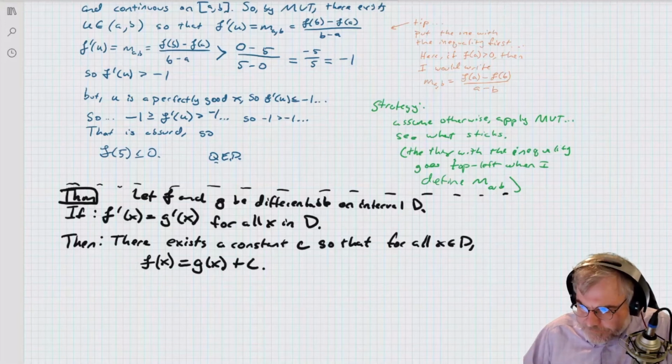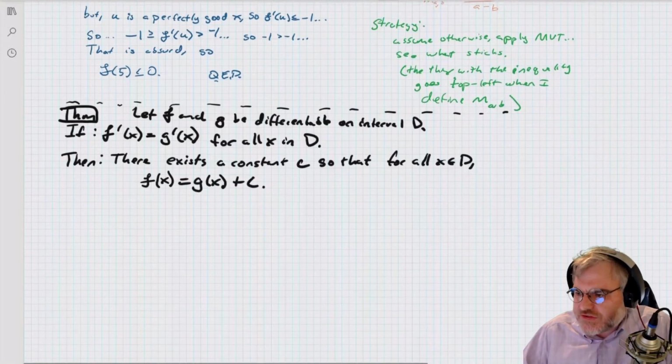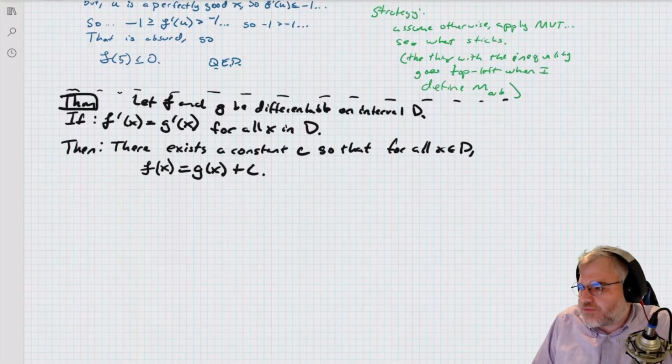Okay? So what I've just stated is if I take two functions with the same derivative, they're vertical shifts of each other.